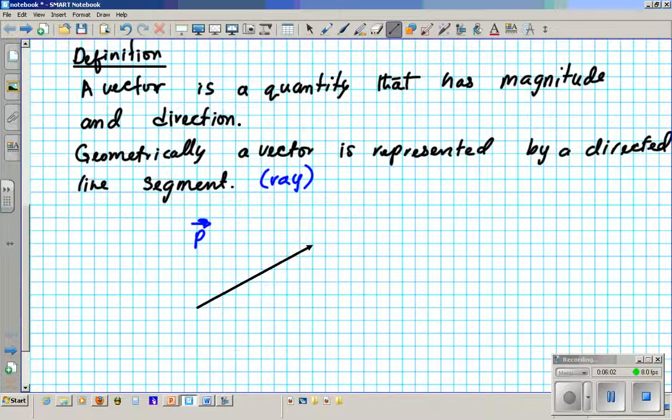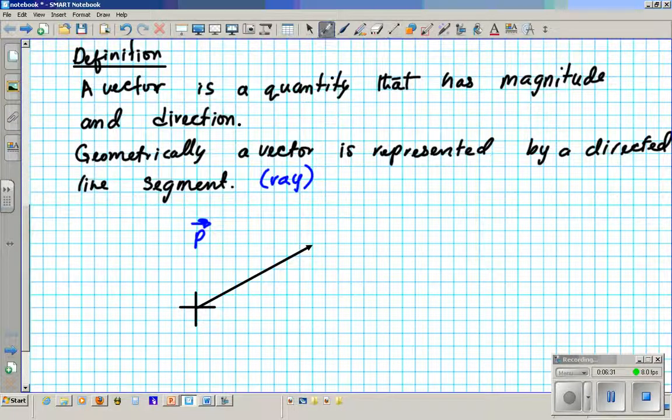So there goes vector p. All right. So that is a line segment with a direction. So there goes your vector. Some important parts to know about this vector is where the tail is and where the tip is. Okay, the tail is where you start from. Whenever you want to identify the tail of the vector, you can put a coordinate system right here. That is your origin or your 0, 0.